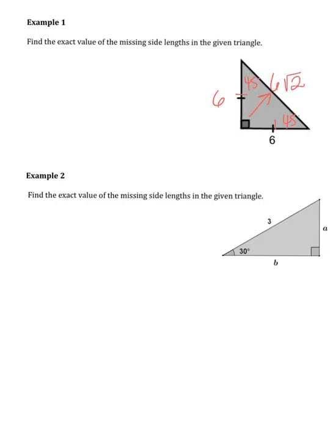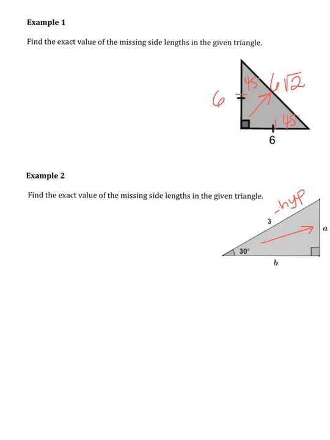I need to find the exact value of the missing side lengths in the given triangle. So I have the side that's across from the 90 degree, that's the hypotenuse. I need to find the side that's across from the 30, that's where I like to start, and then I'll be able to fill in what B is.